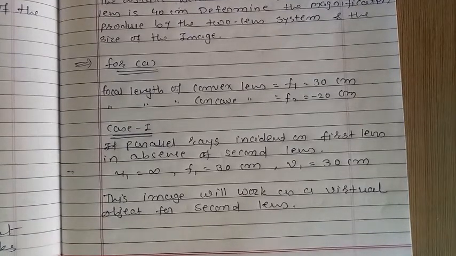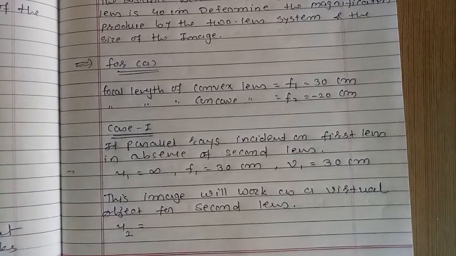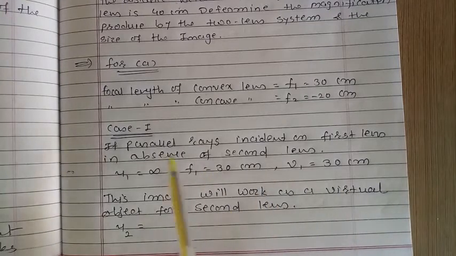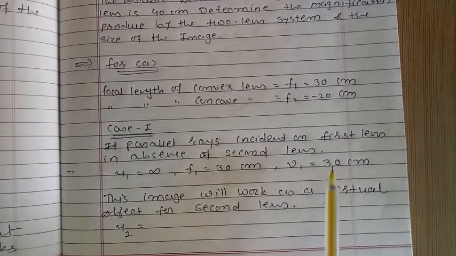So here the object distance is u2. Here the image distance for the first lens is 30, so this image acts as a virtual object for the second lens, right?